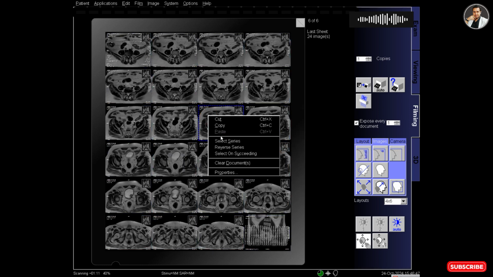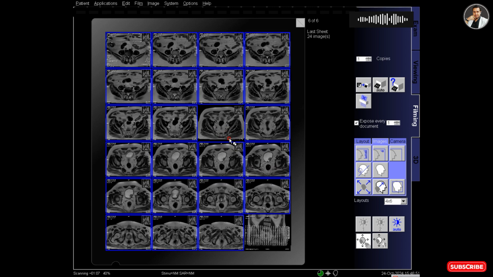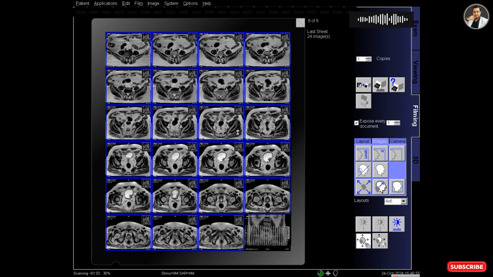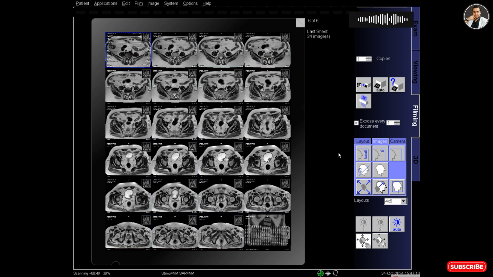So these are the normal MRI protocols that we have to provide to view the kidneys and bladder. The urography protocols have not yet been done, and I will show you later when the scan starts.